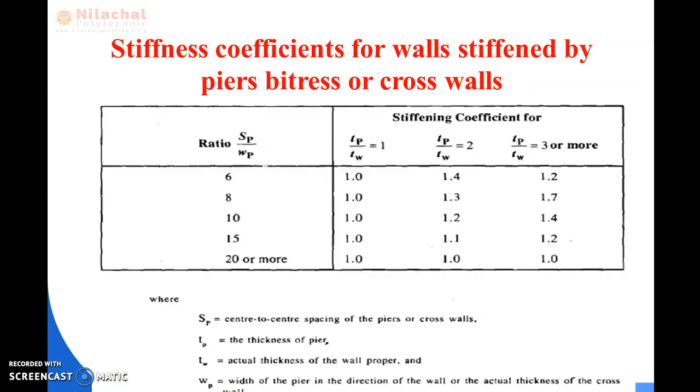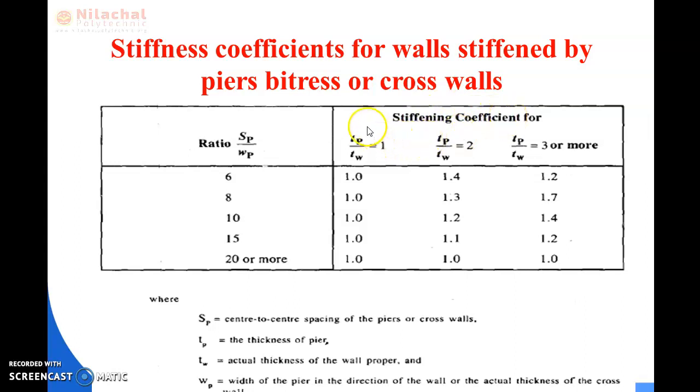These are the values of stiffness coefficients for walls stiffened by piers, buttress or cross wall. Here, according to the ratio of SP to WP, where SP is the center to center spacing of the piers or cross wall and WP is the width of the pier in the direction of the wall or the actual thickness of the cross wall, we will take the stiffening coefficient.